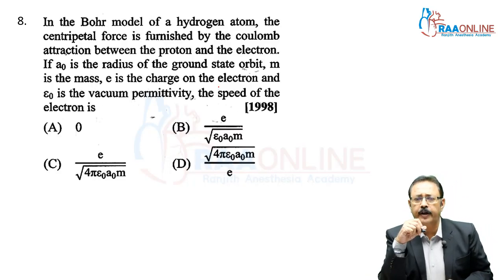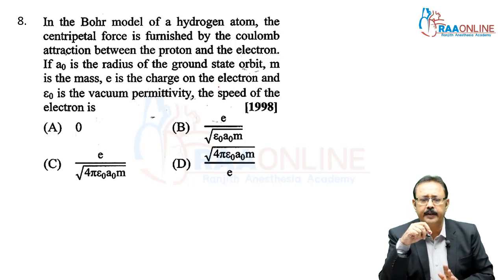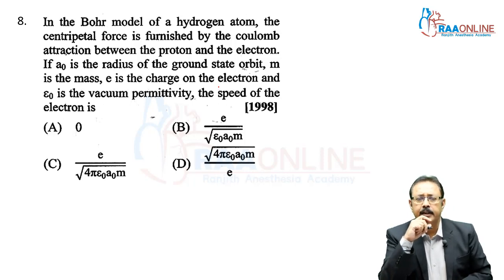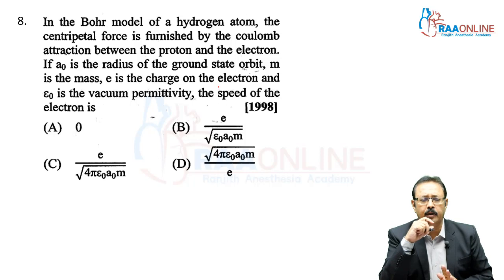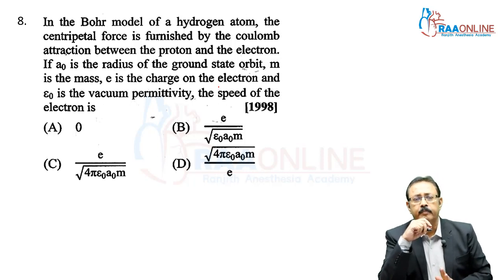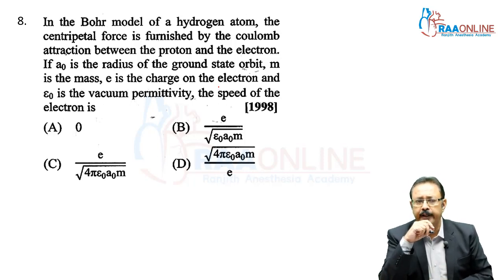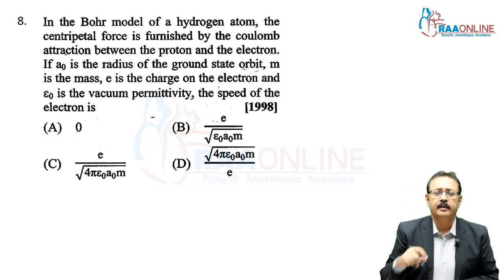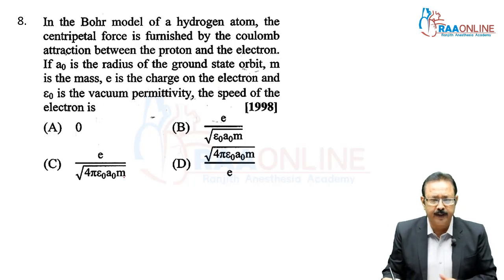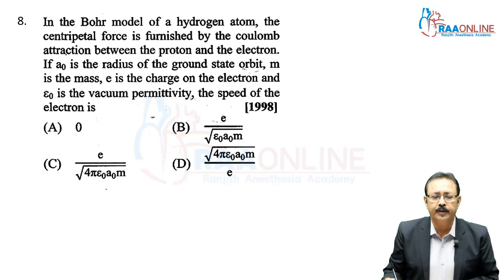In the Bohr model of a hydrogen atom, it is from 1998 AIPMT. The centripetal force is furnished by the Coulomb attraction between the proton and electron. If a naught is the radius of the ground state orbit, m is the mass, e is the charge on the electron, and epsilon naught is the vacuum permittivity, the speed of the electron is, we have the derivation there.